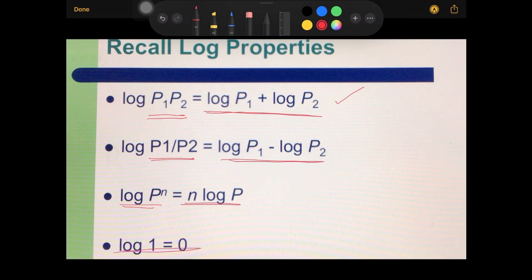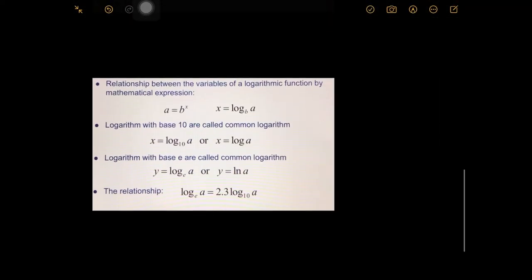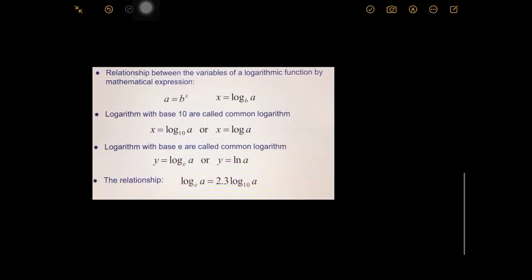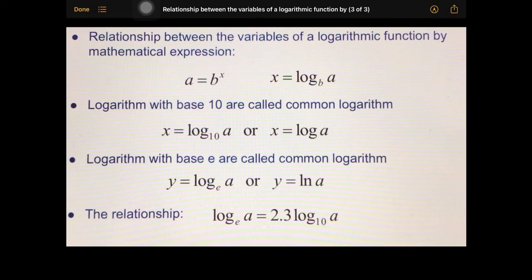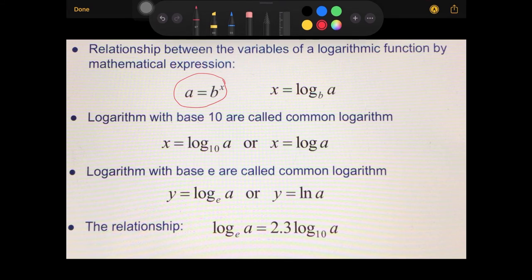Another basic one is that A equals B to the power of X is also equal to X equals log base B of A. And another common one is X equals log base 10 of A, which is also equal to X log A.